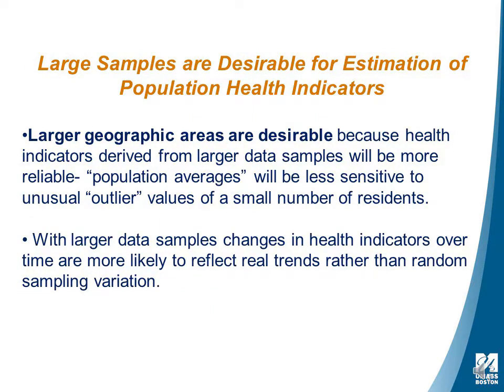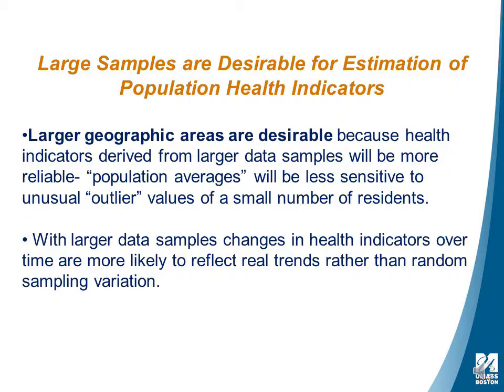The second factor we want to look at is sample size. Larger sample sizes are desirable to estimate population health indicators. For that reason, larger geographic areas are desirable because you have more people living there. Larger data samples will be more reliable.